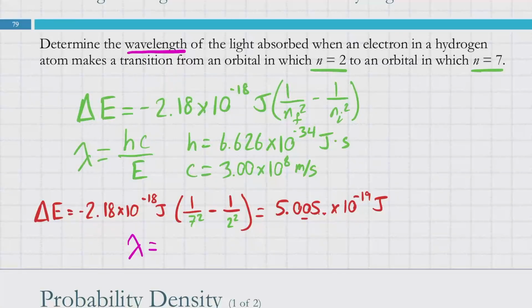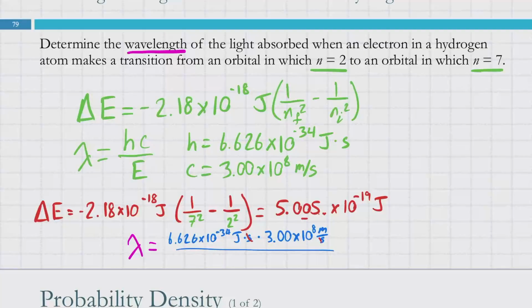So lambda equals our Planck's constant, units of joules seconds, times our c value with units of meters per second, not joules per second, sorry, joules seconds.